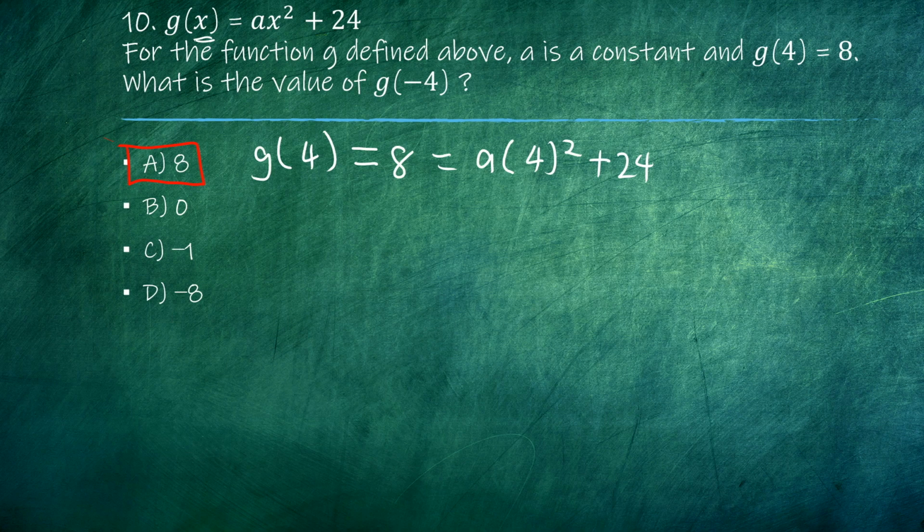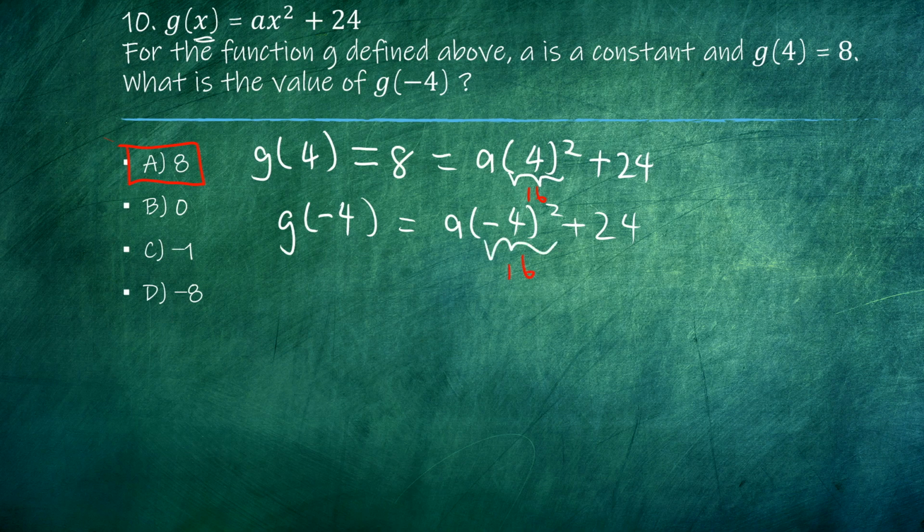However, if you notice, g of negative 4 is the same as saying a times negative 4 squared plus 24. And we know that 4 squared and negative 4 squared are the same because this will give us 16, which is the same as this one.